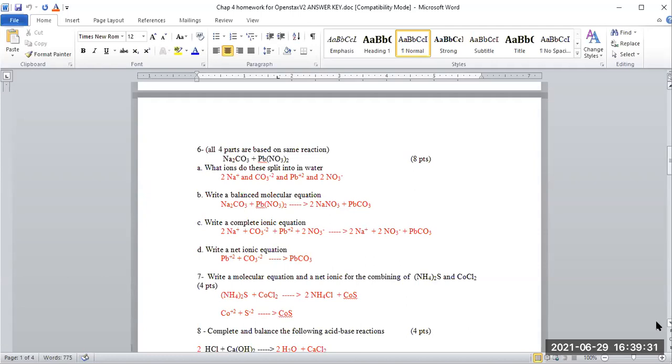Your 1 atom of lead swims free, and then you have 2 nitrates. Now I can swap. They swap partners. My sodium will attempt to stick to my nitrate, and my lead will attempt to stick to my carbonate.